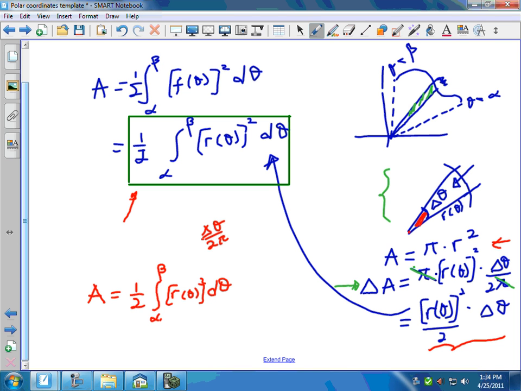For example, that circle we saw earlier, if you go from 0 to pi, it's going to go over this one time. If you go from 0 to 2 pi, it's going to go around again. So if you were trying to find the area enclosed by that curve, you need to go 0 to pi only. It should only be traversed one time during that integration process. Let's do our first example.